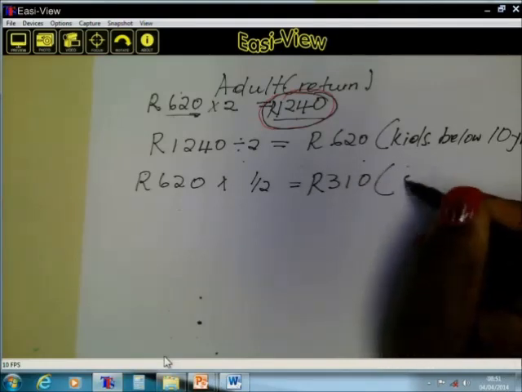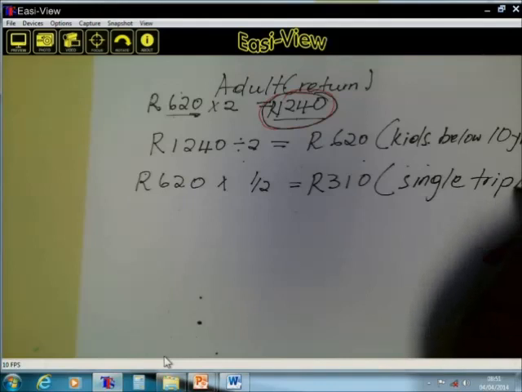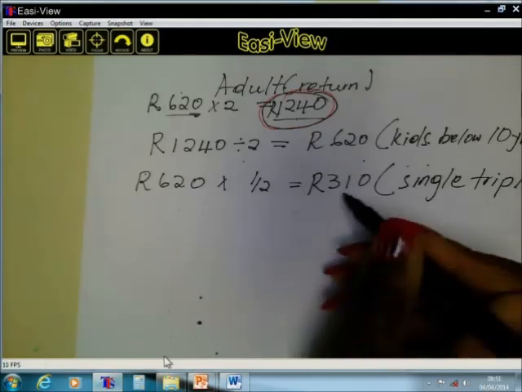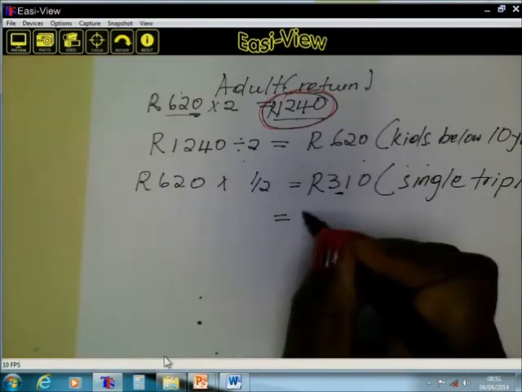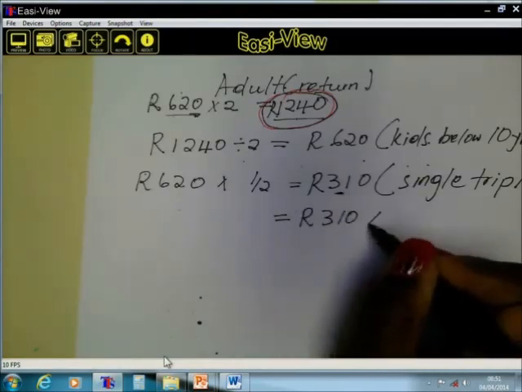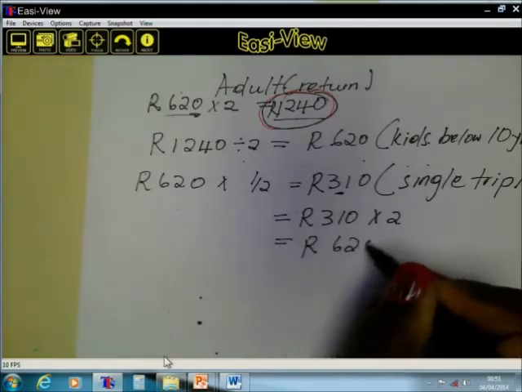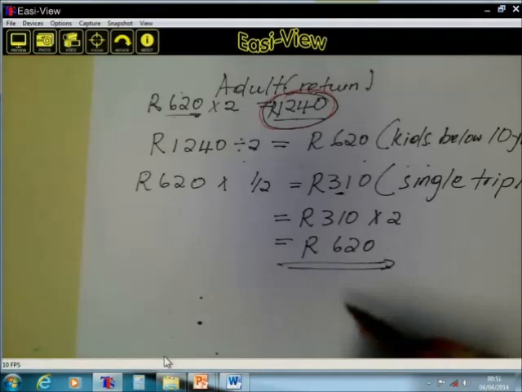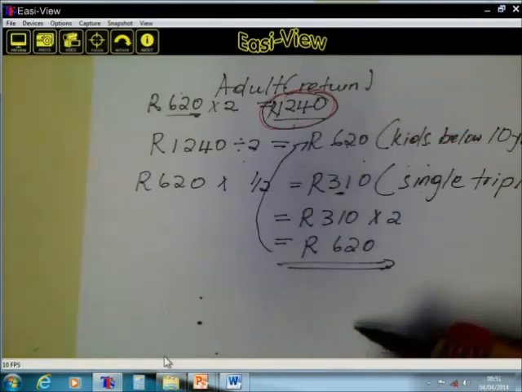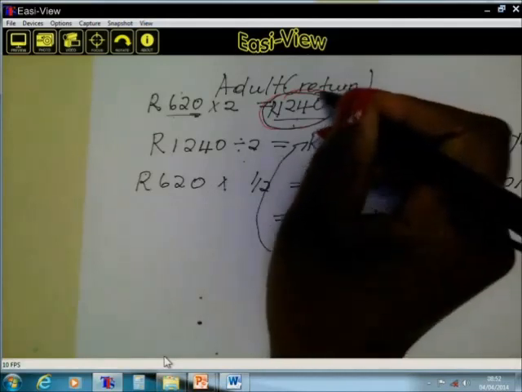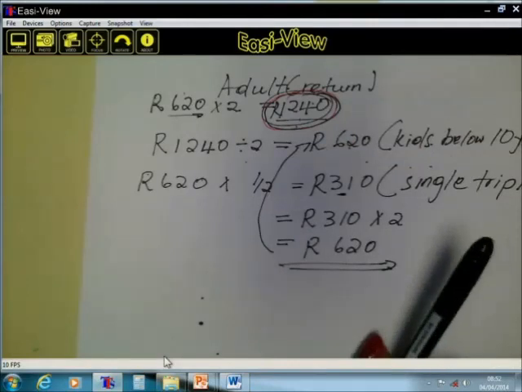But this is for a single trip. If we have to calculate for the return trip, simply means that this 310 must be multiplied by 2, and then it gives us 620, which is the same as the other one. This one was just direct, and if you couldn't see that, you can work from this one.